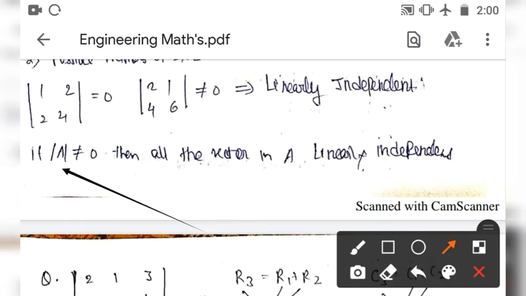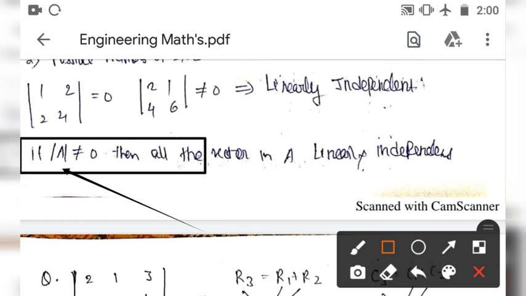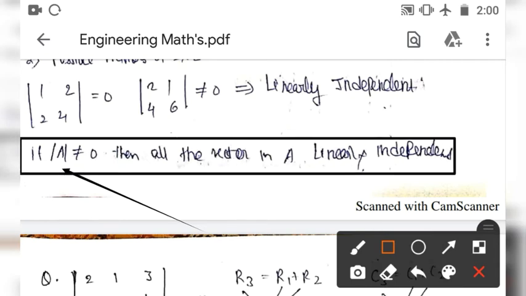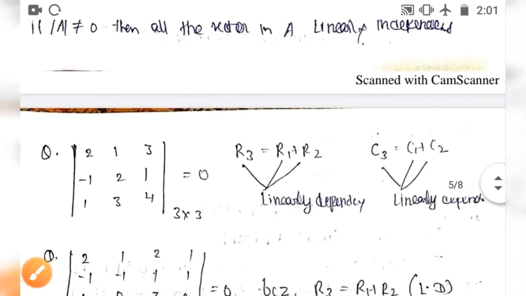I repeat, you find the determinant of the given matrix, and if it is coming not equal to 0, that is linearly independent. This is, I guess, the easiest one to tell whether the given matrix is independent or dependent. So once again, if the determinant is not equal to 0, you can tell that the given matrix is linearly independent.